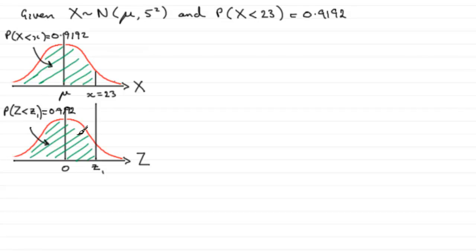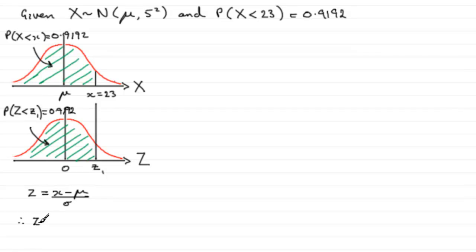So we should know that there's a connection between any observed value up here to the standardized value down here. That connection is given by the formula z equals x minus mu all over the standard deviation, sigma. So how does that pan out for us?